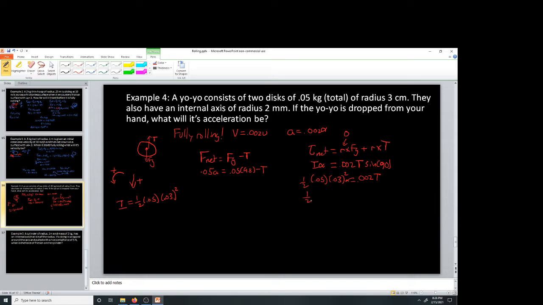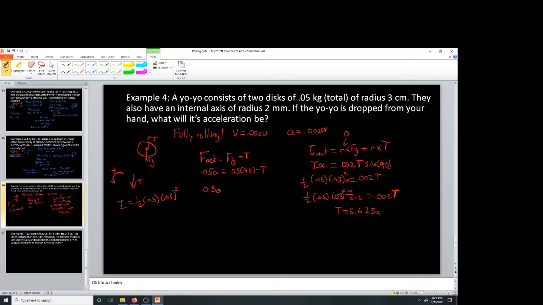You should get this. And then I'm going to put in that a. This alpha becomes a. So this is 1/2 times 0.05 times 0.03 squared times alpha, which is a over 0.002, equals T. It should be a capital T. Okay, and if I do this, you get T is equal to 5.625 A. And then you can plug that back in over here.